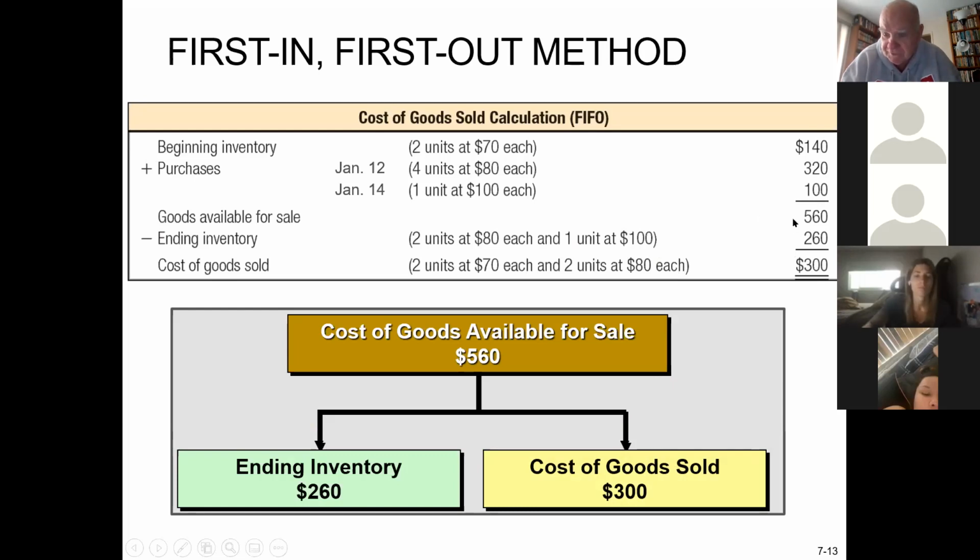So you had $560 available, did not sell 260, 300. And here they're breaking it out a little bit. Remember, this available number, cost of goods available, at month end, it's either sold or we still got it, okay? So our cost of goods sold is 300, inventory 260.